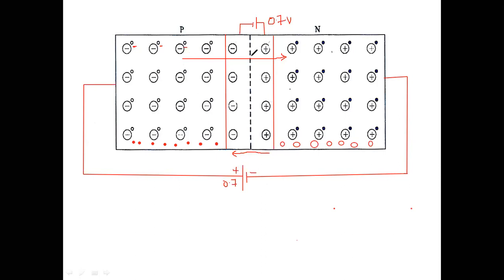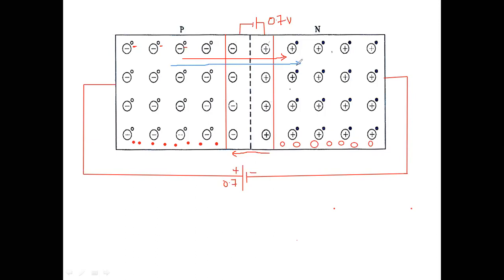So holes move from P towards the n side. What will be the direction of current due to holes? The same direction.